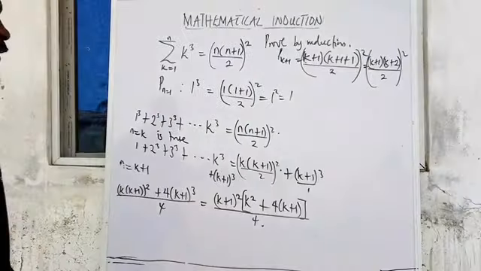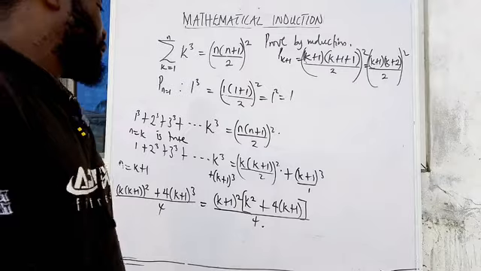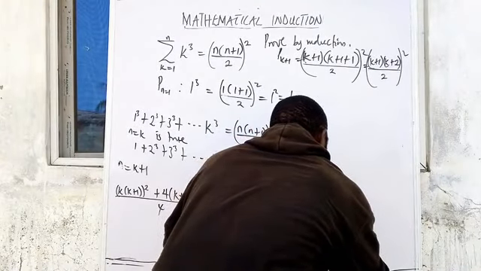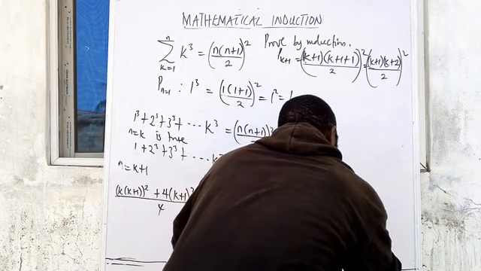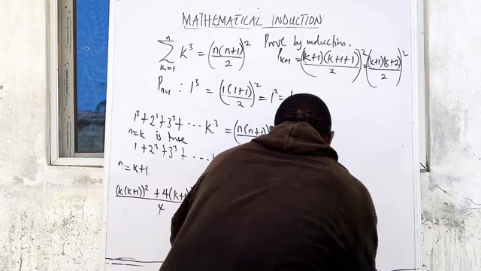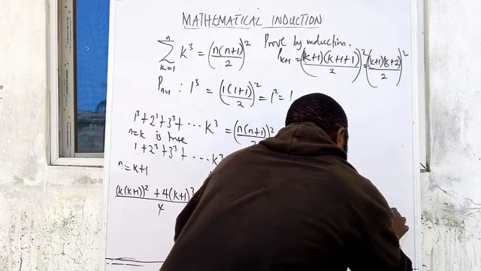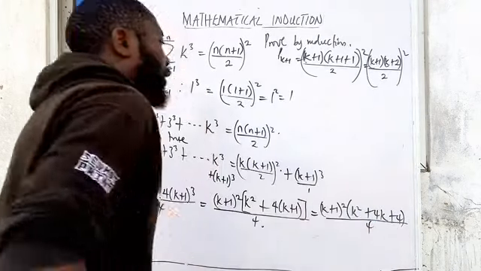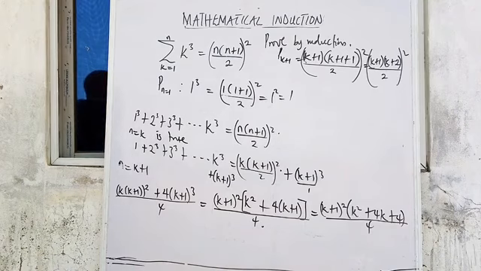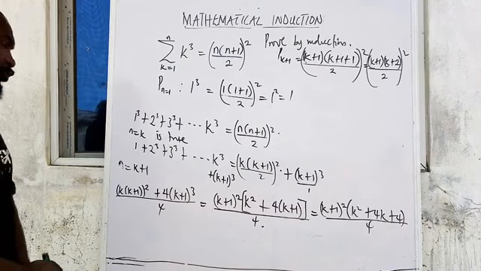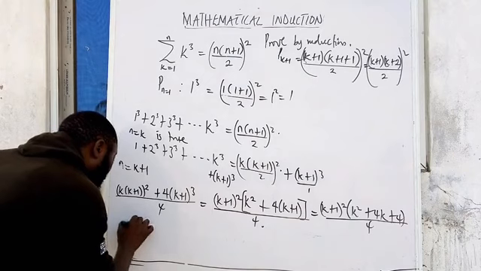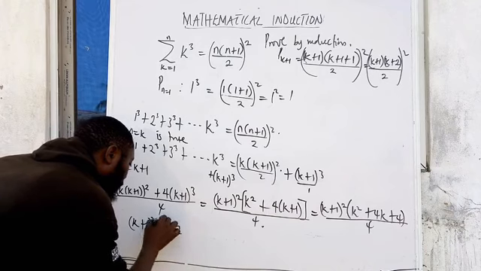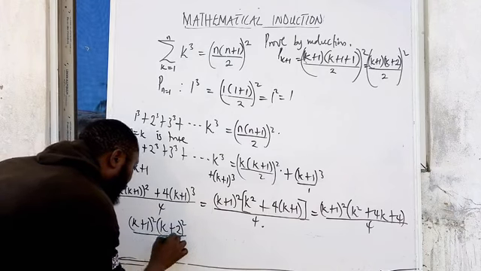Now we simplify further. Just open this bracket. So we have k plus 1 squared, k squared, open this bracket, that's plus 4k plus 4, everything divided by 4. Now factorize that one. When you factorize, you are going to have k plus 1 squared, k plus 2 squared, everything divided by 4.